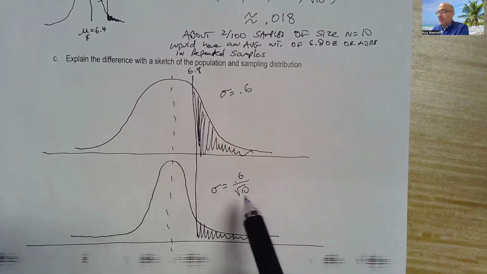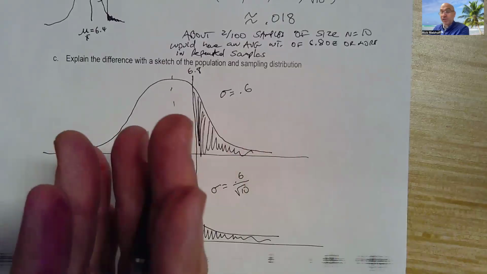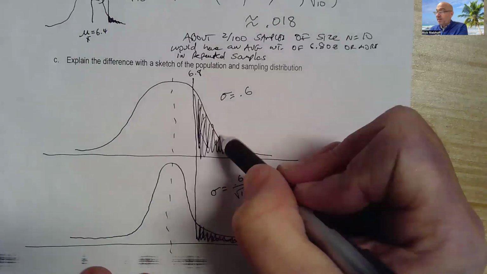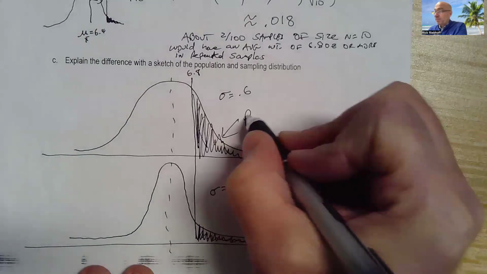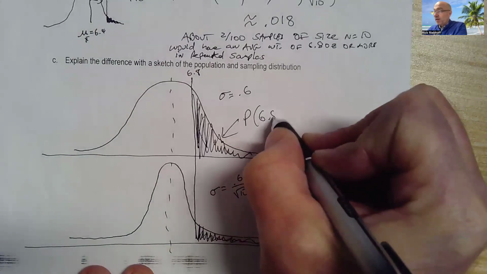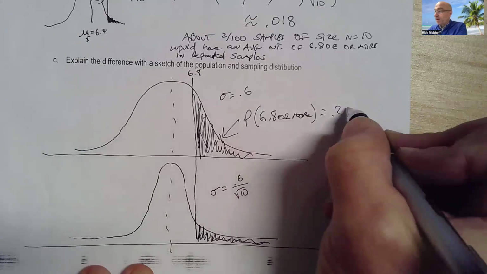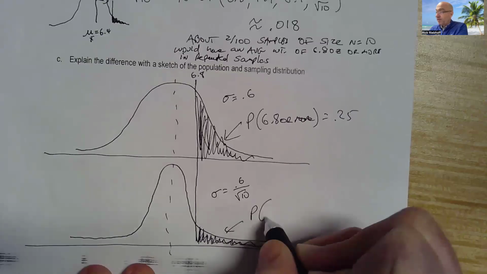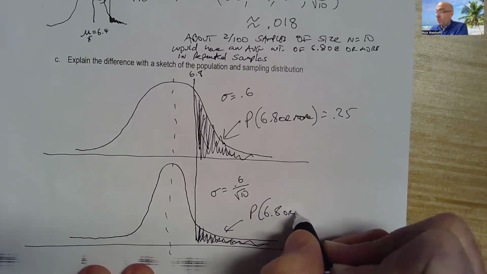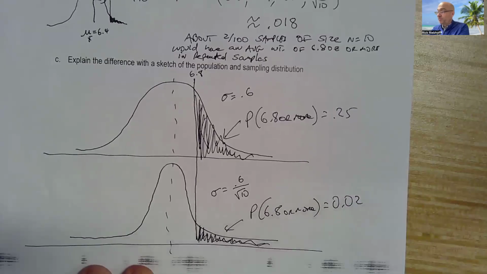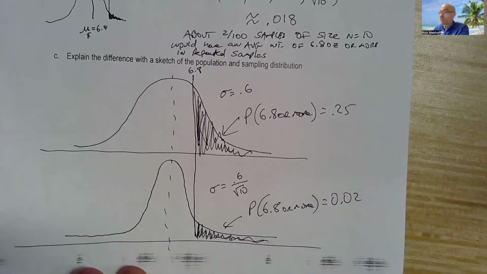So this is a little less than 0.2, like 0.17 or something like that. This is squishing in, and we get less probability than this would be. So the probability of 6.8 or more is equal to 0.25 here. The probability of 6.8 or more here is 0.02. 25% versus 2%. Cool.